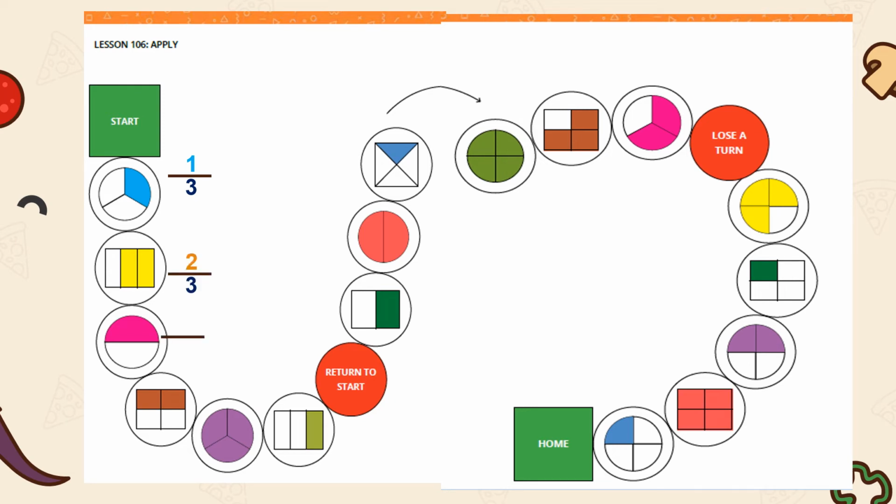Next, the fraction is 1/2. Next, the fraction is 2/4. Next, we have 3 colored parts over 3 total parts. So it's 3/3, equals 1.